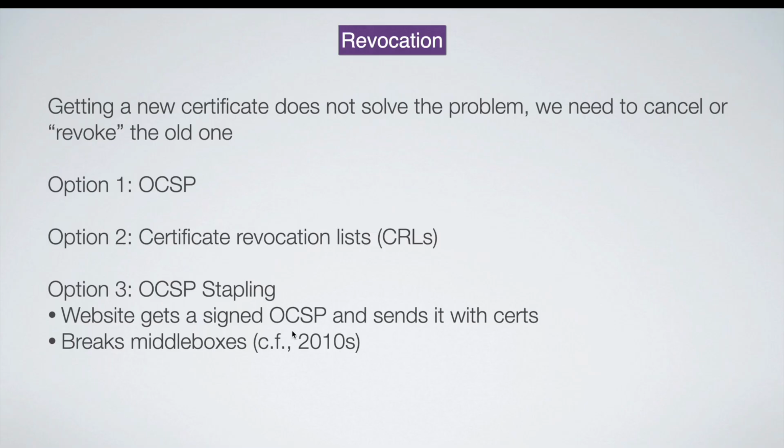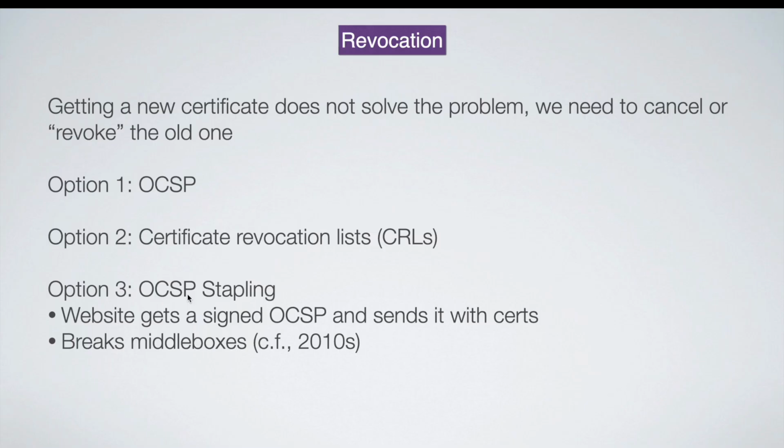The only problem with it is that you're changing the TLS protocol, so you're now sending extra information. You have this extra thing, this OCSP signed response, and you're sending that down with the certificate. And what some backbone internet routers would do is sometimes try to look inside the packets and parse things out to figure out things about the packet, ostensibly to route it better, but I'm not sure of all the reasons they do it.